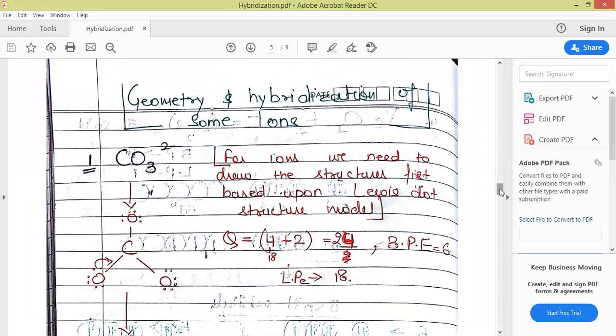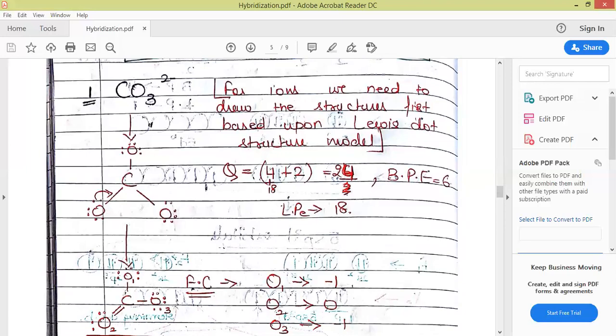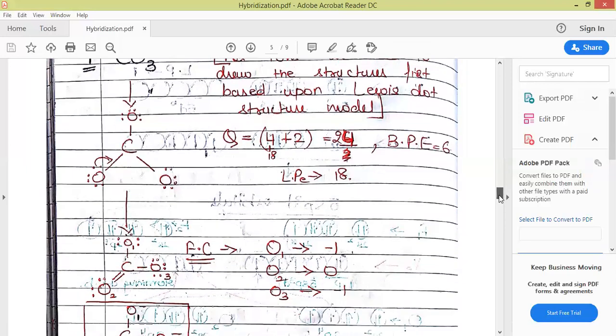Now we'll discuss the geometry and hybridization of some ions. For the geometry and hybridization of ions, we need to know the most acceptable Lewis dot structure. So as per the rules, we are discussing for carbonate ion CO3 2 negative.